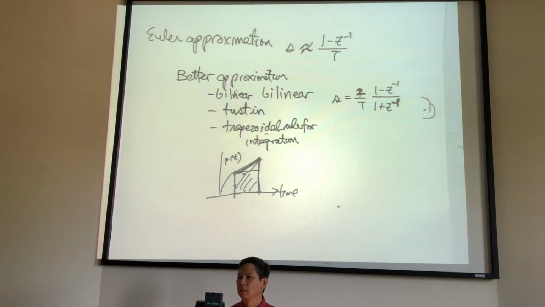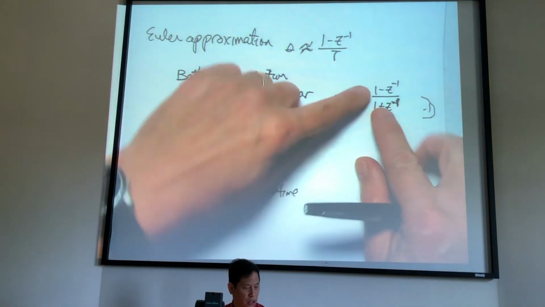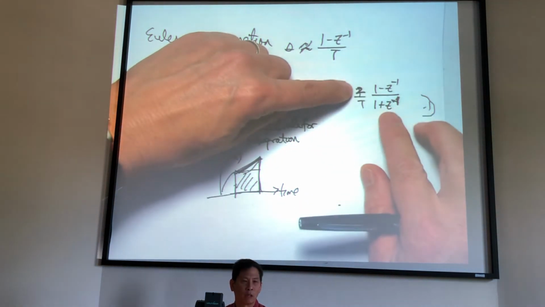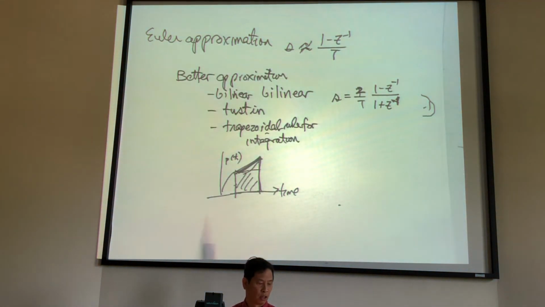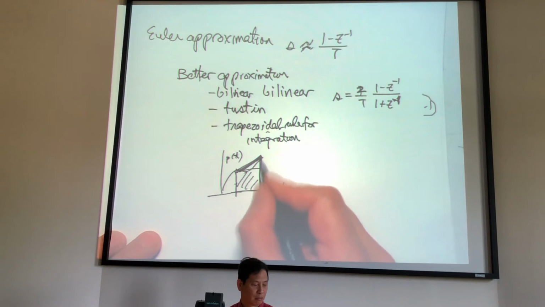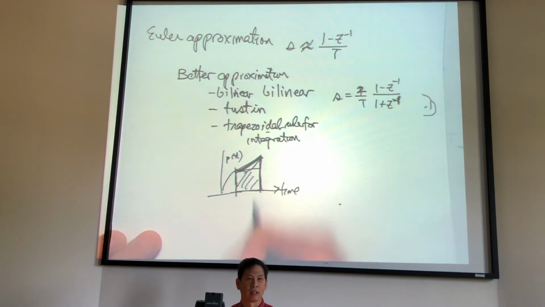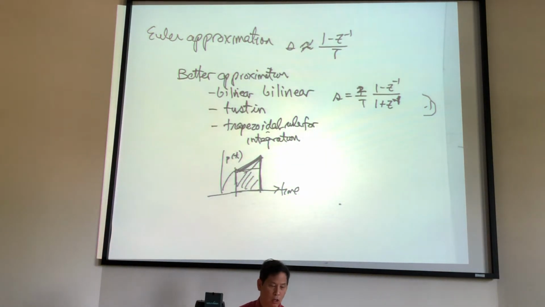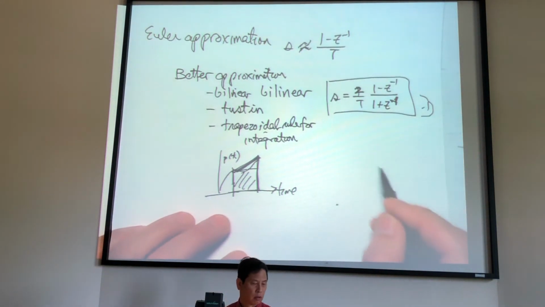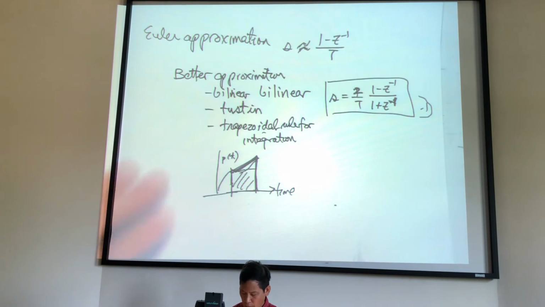What am I getting? Average. I'm getting my average exam. So I'm taking the Euler approximation and modifying it by taking a little bit of an average. You may remember, to find the area under here, take this number and this number, take the average, multiply by the time. So this is a better approximation. So this is what we're going to do on our computer now.